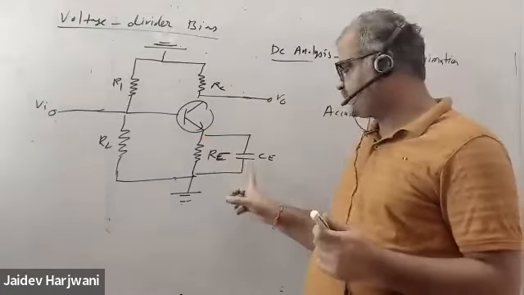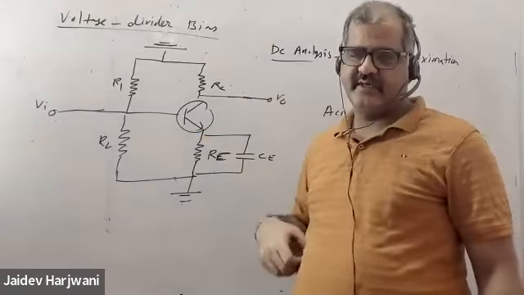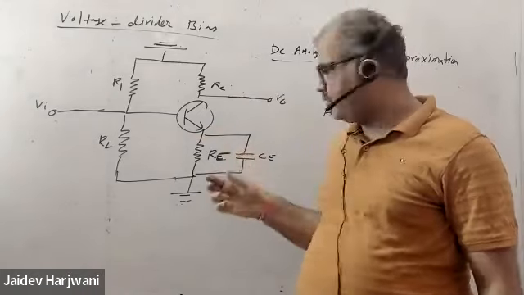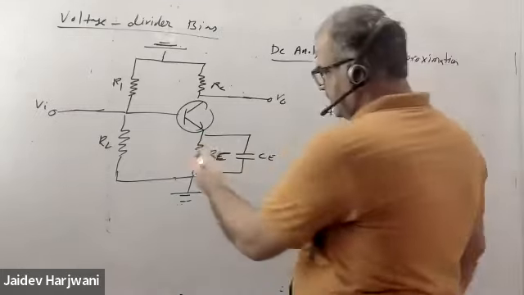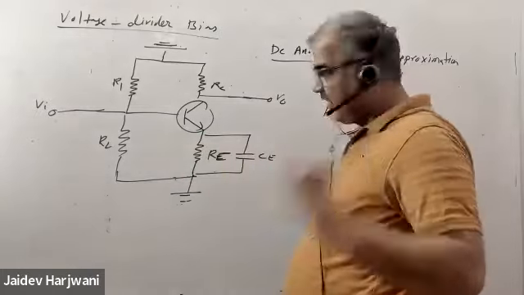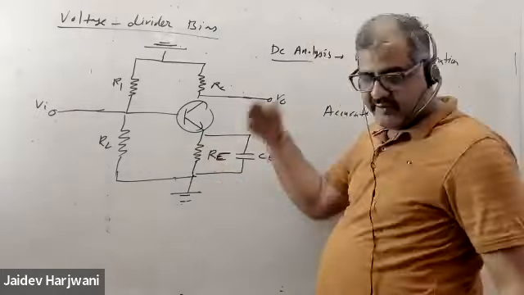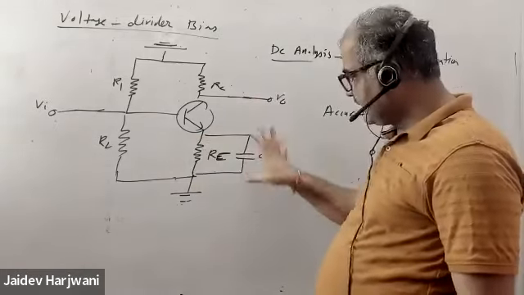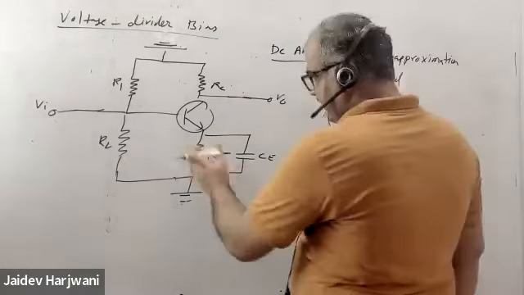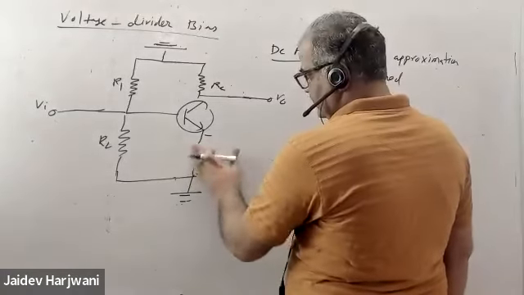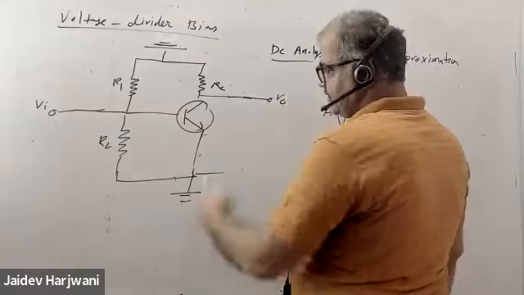Assume this capacitor is very large, so it is making a short, so this RE will also disappear. That's the important point here. If RE is present, then the equivalent circuit will be different. But since here the capacitor is in parallel to RE in this particular case, this RE will also go away. So this is your simplified circuit now.